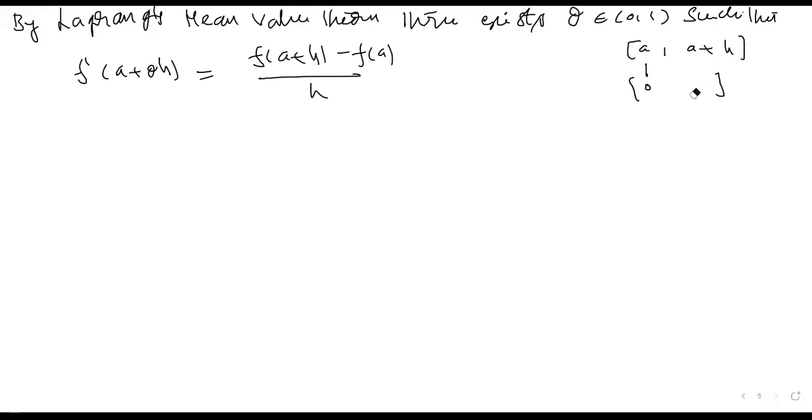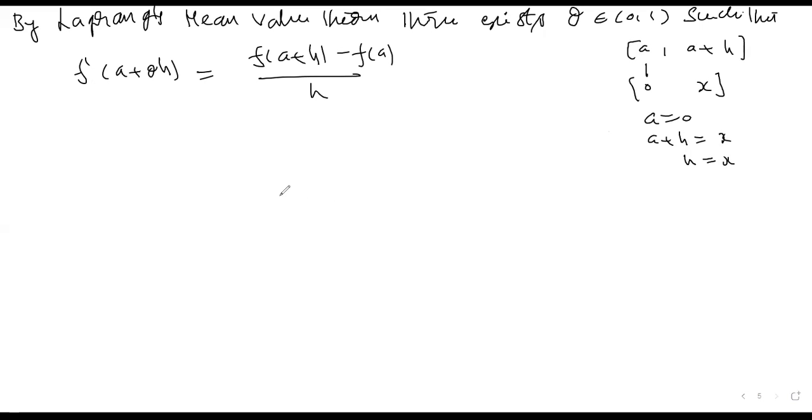What is our given interval? 0 comma x. Yes or no? Our interval is 0 comma x. That means a equals 0 and a plus h equals x. Therefore, h equals x. Why? Because a equals 0. Am I right? Yes, sir.